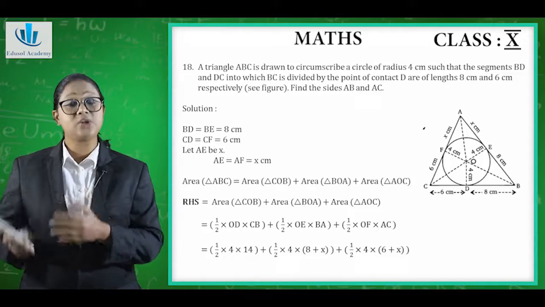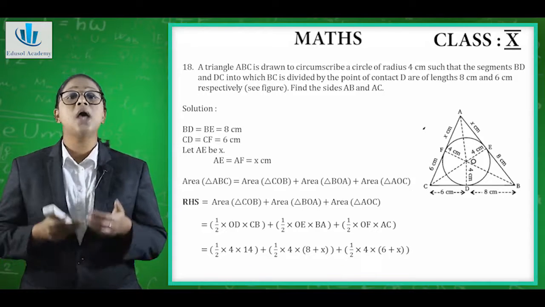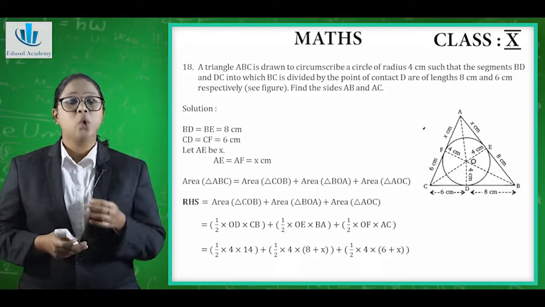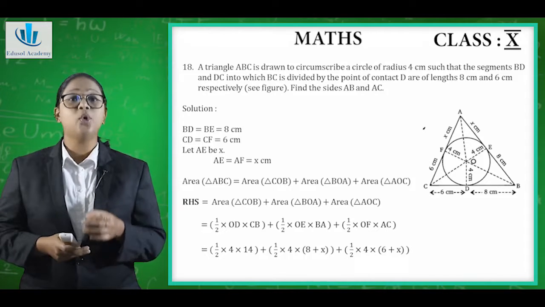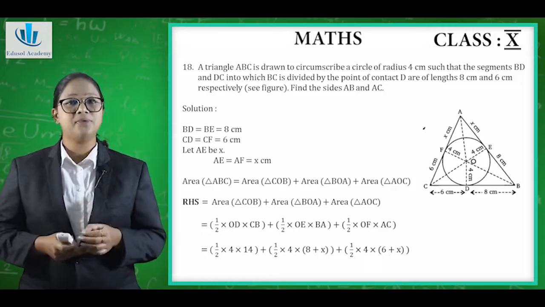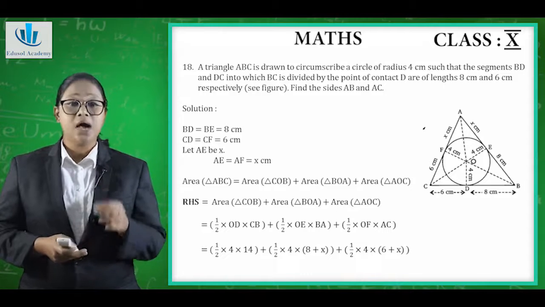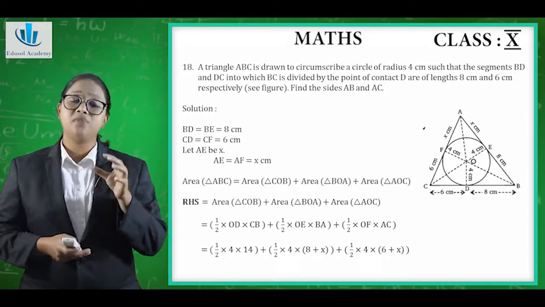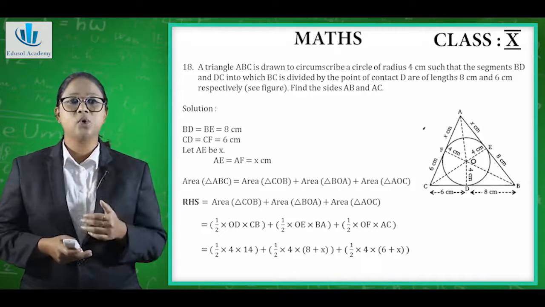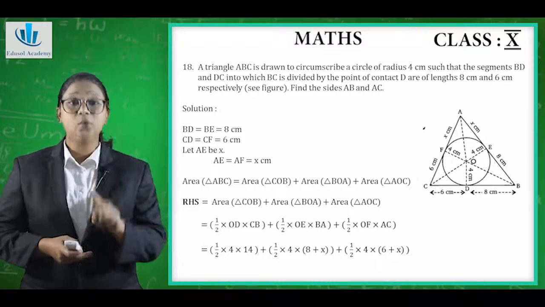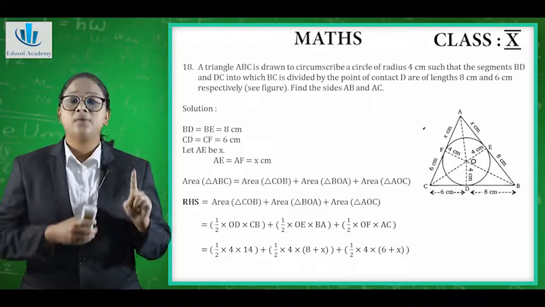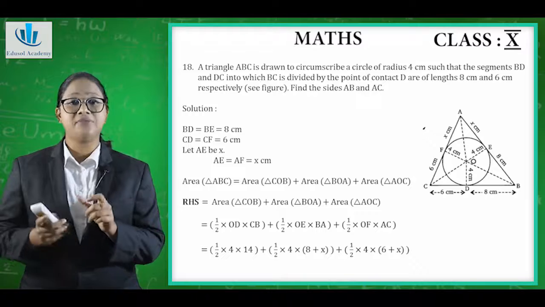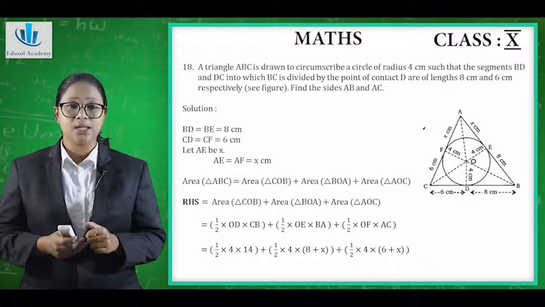RHS is the sum of three triangles, so we can write those as half into base into height. Half into OD into CB plus half into OE into BA plus half into OF into AC. Now, OD, OE and OF are all radii of the same circle. So, you may replace those with 4 cm because in the question it's been given that the radius of the circle is 4, and CB, as we can see in the figure, is equal to 14.